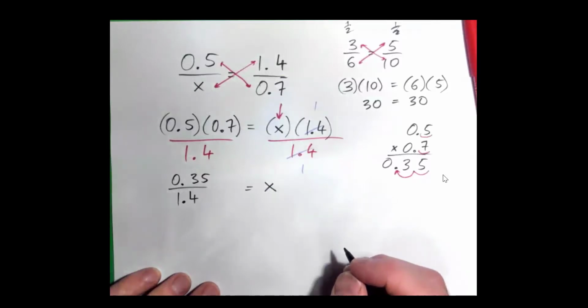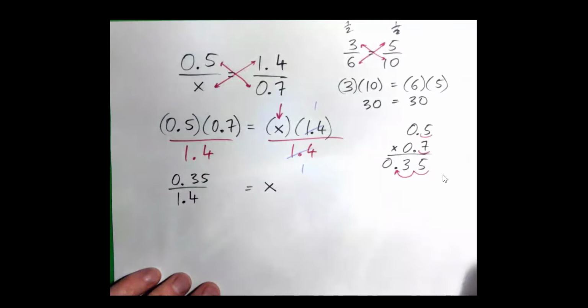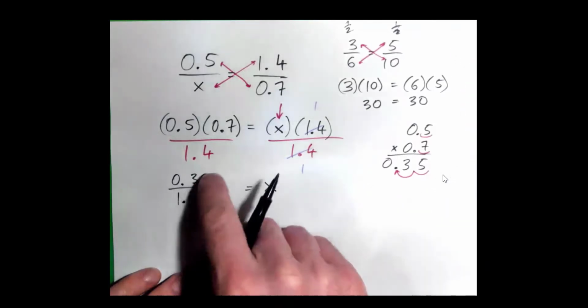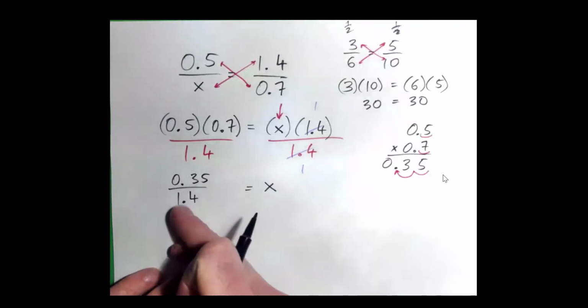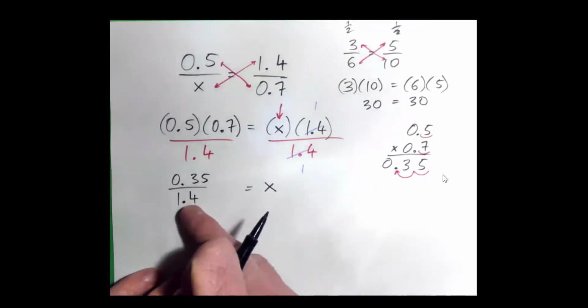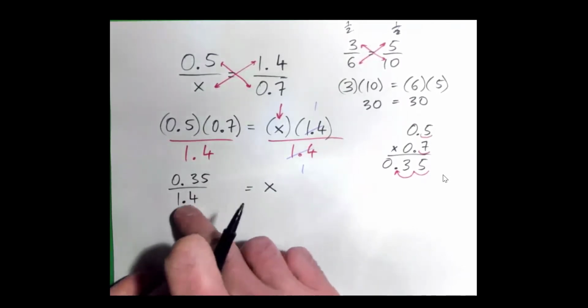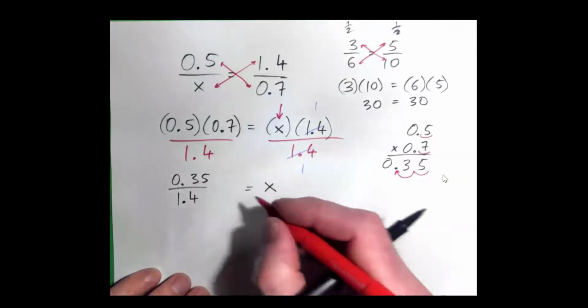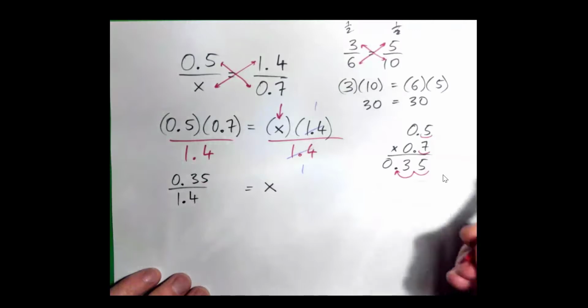Now we can do a long division, where you go 1.4 into that. But we know that you can't divide by a decimal. This denominator must be a whole number, right? So what I'm going to do just for fun is multiply that by 10 over 10.